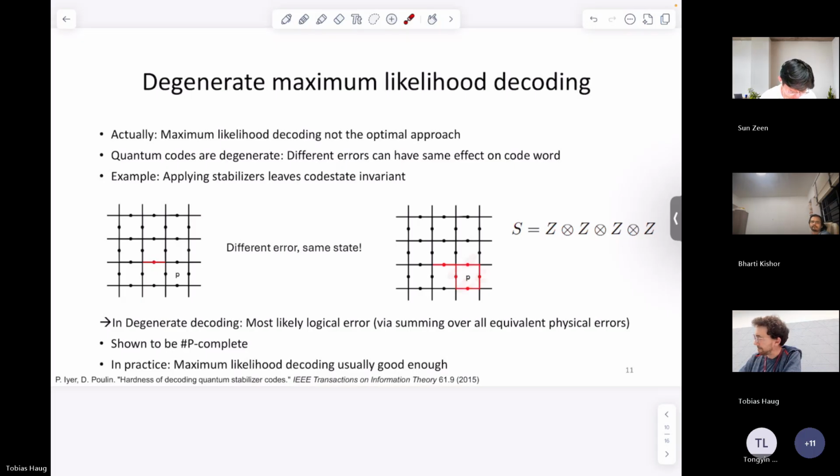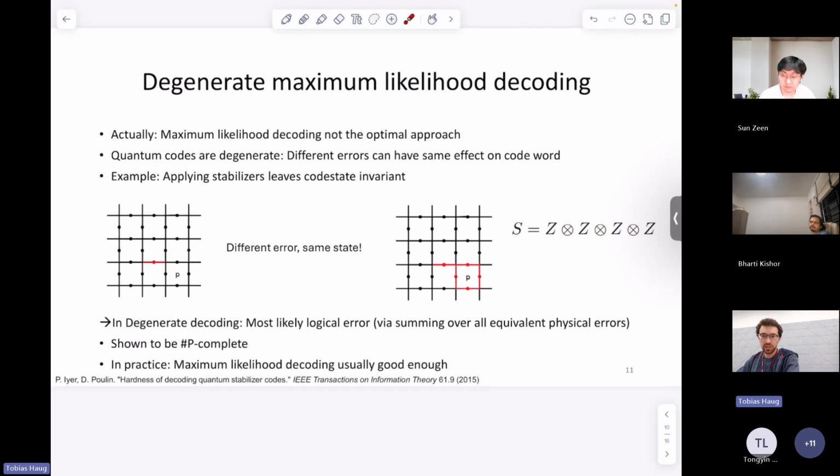These will not be detected by stabilizers, because they are themselves stabilizer operations. Because these errors are stabilizers, they will not show up anywhere. So we can always take an error and modify it with a stabilizer.